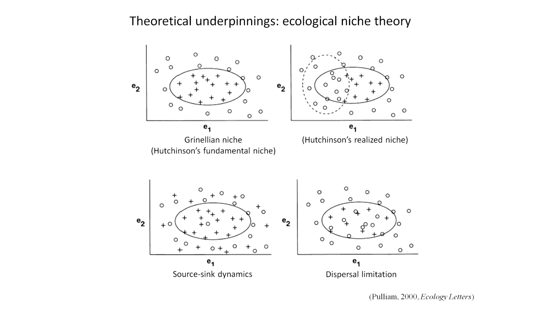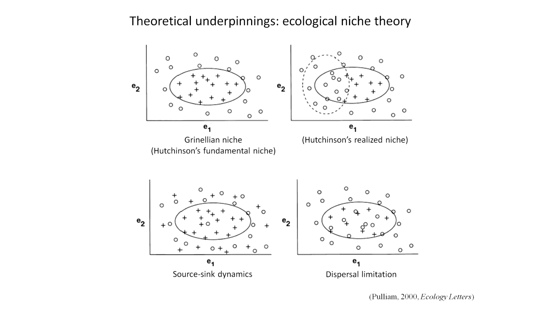The idea of a source-sink dynamic, and we've heard a little bit before about metapopulation dynamics, it's related to that, is that these might be localities where the species has been found, or localities in environmental space, conditions that you found the species in, but they're not actually where the species is long-term maintaining and reproducing and maintaining a population. So these might be just, say, foraging sites where a bird has been found, or it's just a transient record where the species was passing through, but it's not actually using that environment.